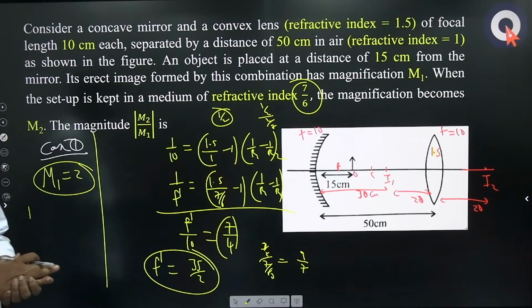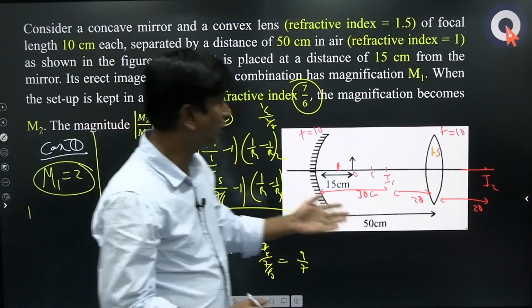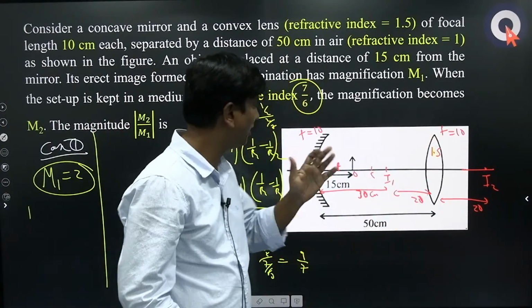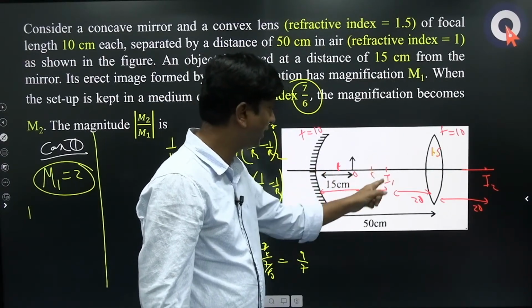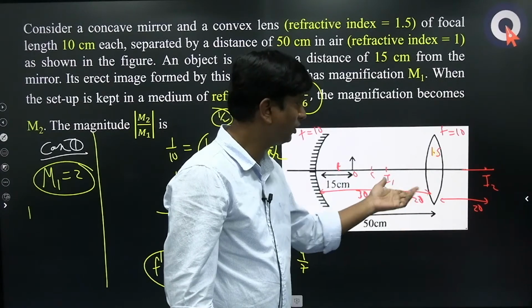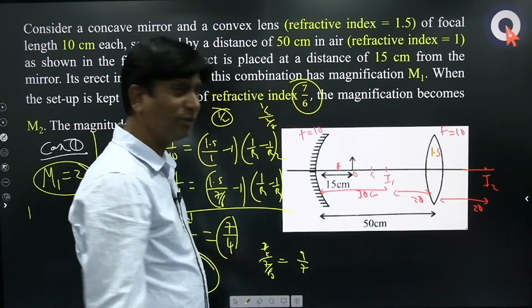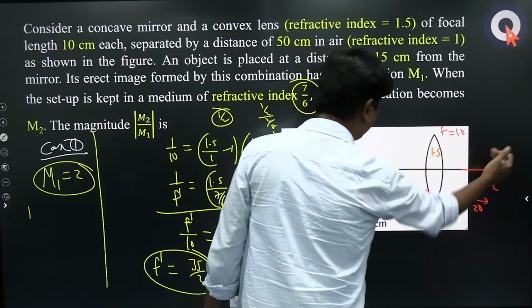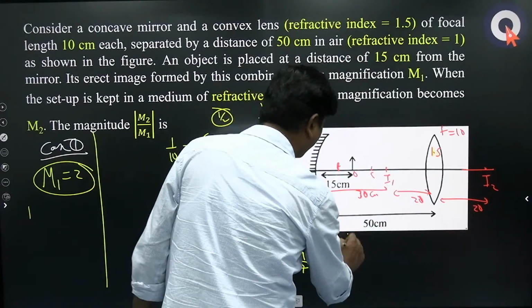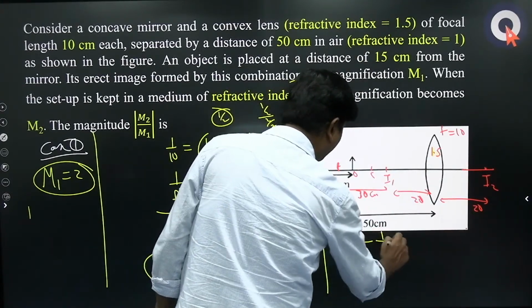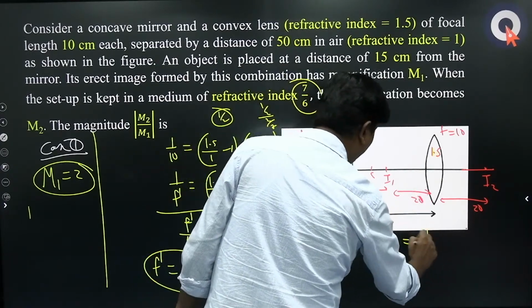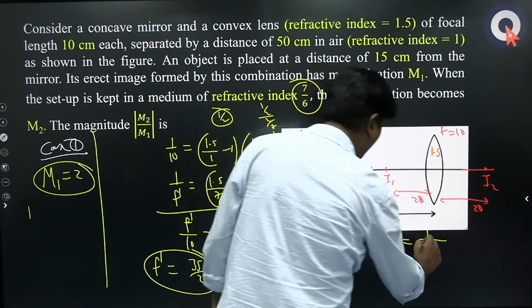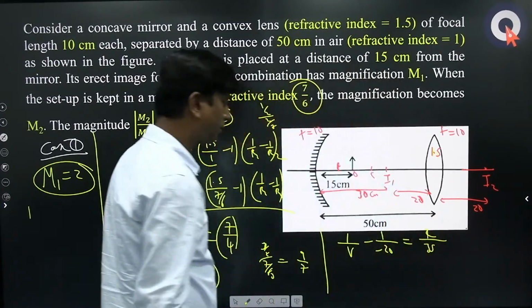Once you are getting the new focal length, even though it is a new focal length, the focal length of the mirror anyway will not change. So when you take the object here, first image will be like this only, object distance again you will get 20, but the only thing is focal length will be 35 by 2. Now let us calculate the image distance by using the lens formula. 1 by V minus 1 by U, with U as minus 20, is equal to 1 by F. F is 35 by 2, right?